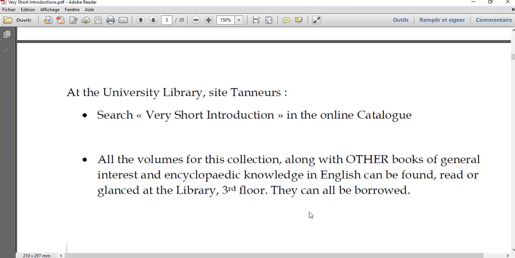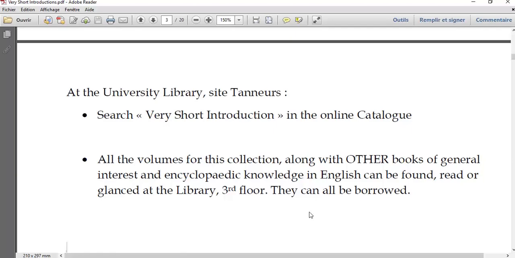So if you go to the library Sète Tanner to the third floor, this is where you will find all the books available from this collection on the same shelf, and it is important to note that they can all be borrowed.